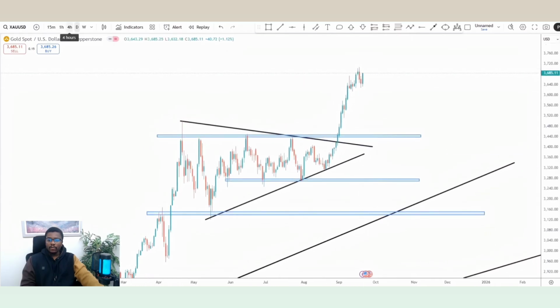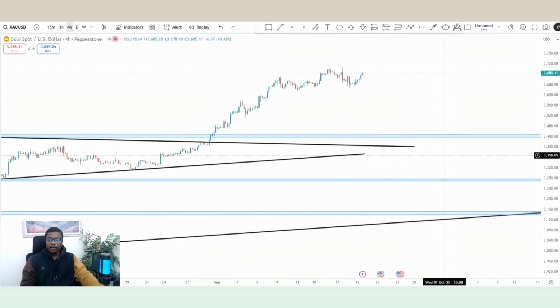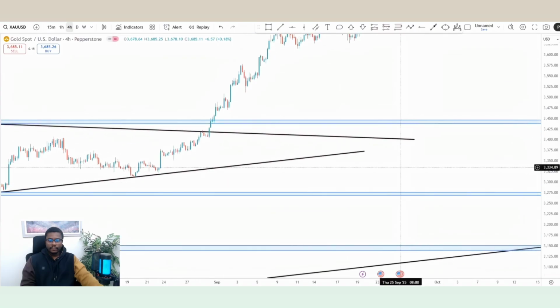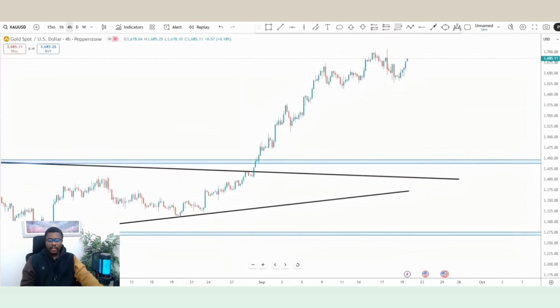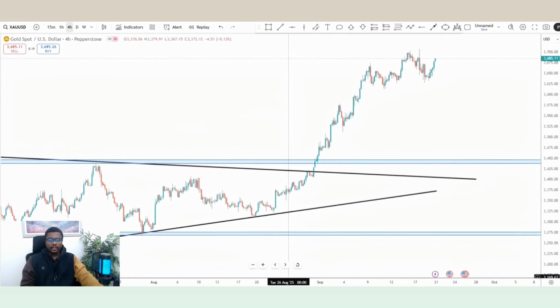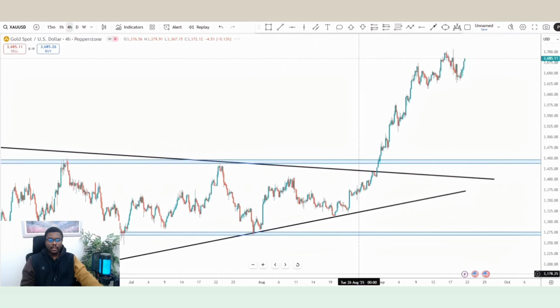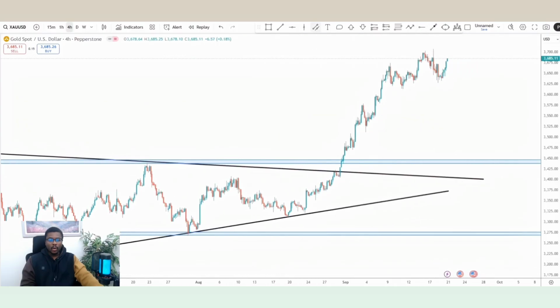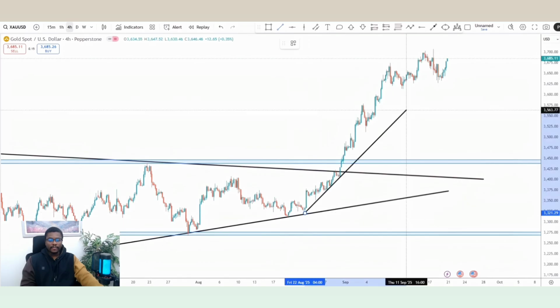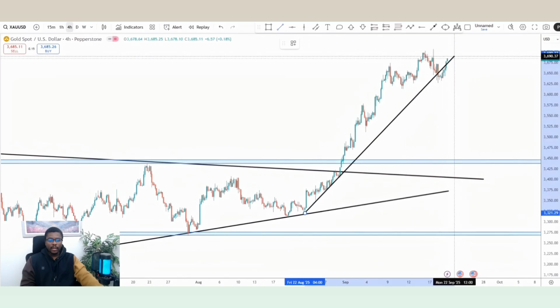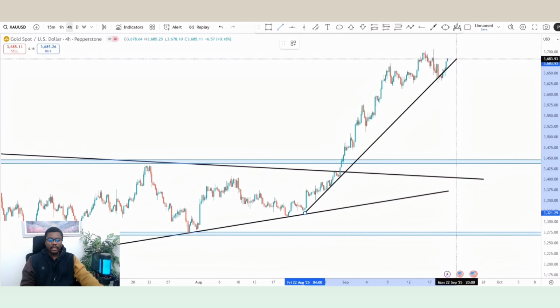Now if we go down to the 4-hour time frame, again we can see price strongly bullish to the upside on gold. So again, if we draw our trend line from there, we can connect the dots and see what price is doing.